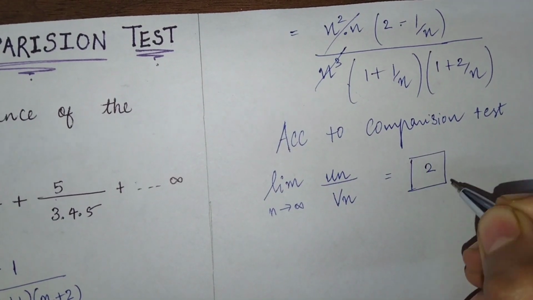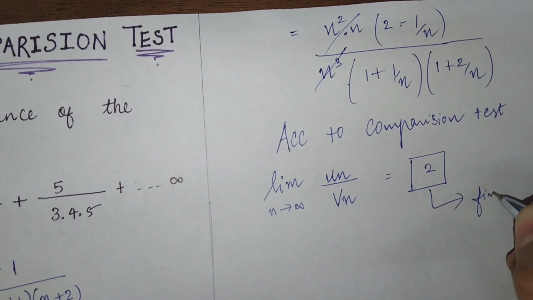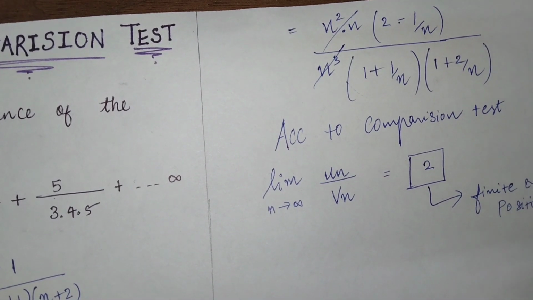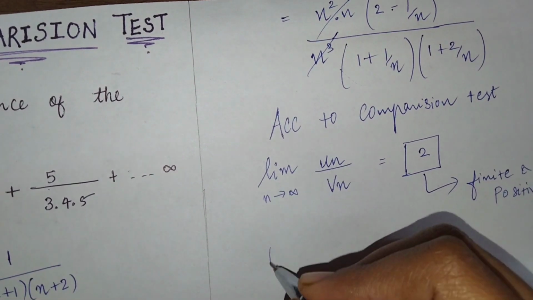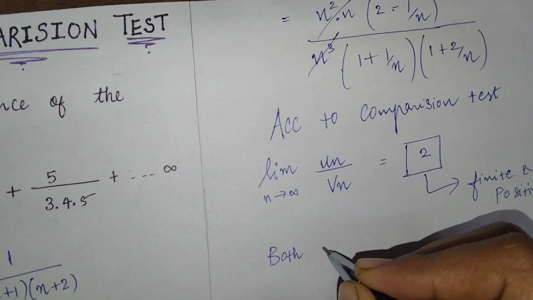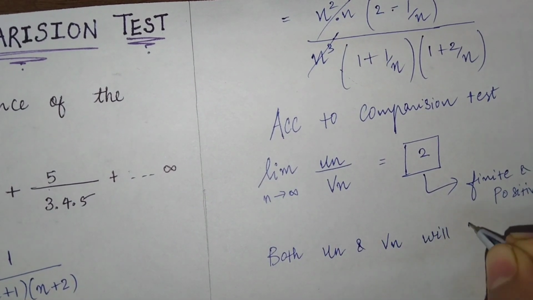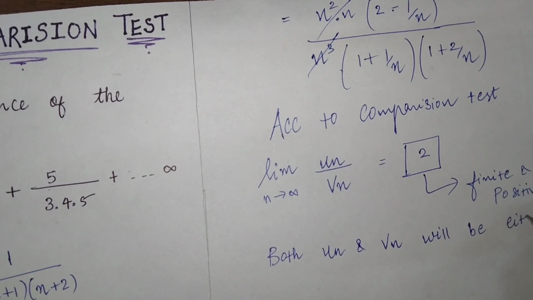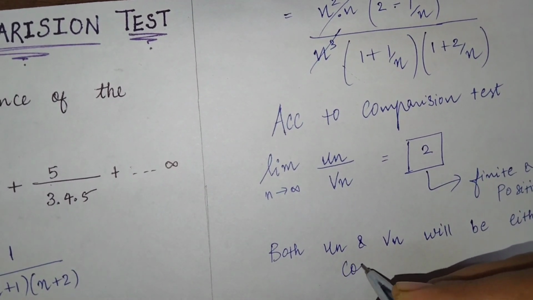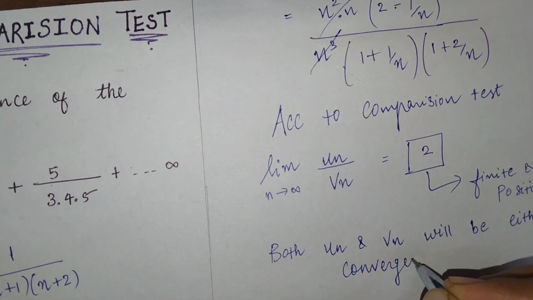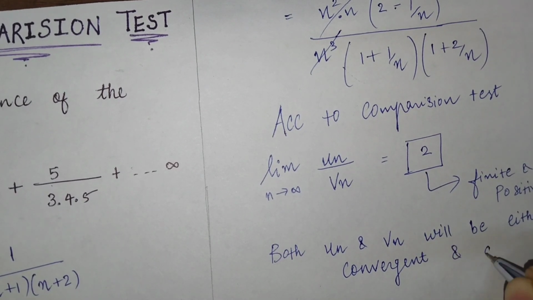So we got finite and positive value. Okay? And as we got finite and positive value, we can write that both the series, that is both un and vn, will be either convergent or divergent. They can be convergent or divergent, but it can be decided based on the vn.